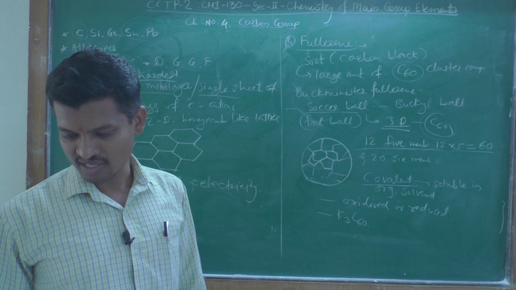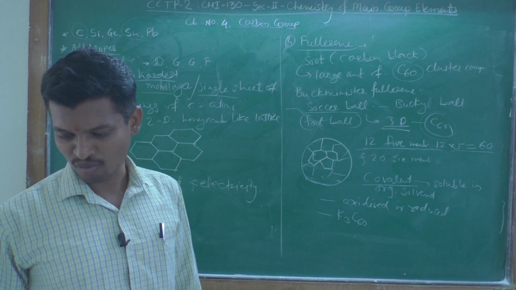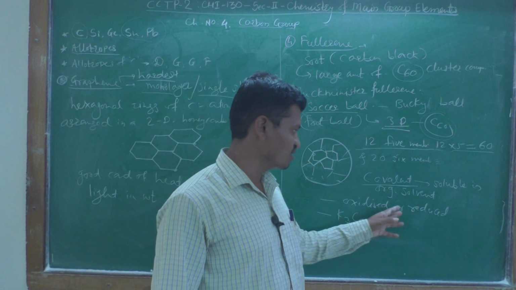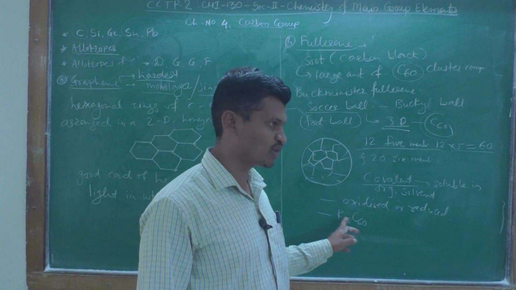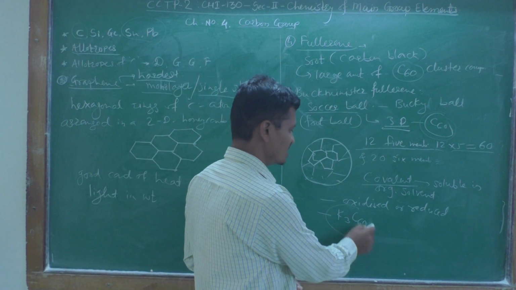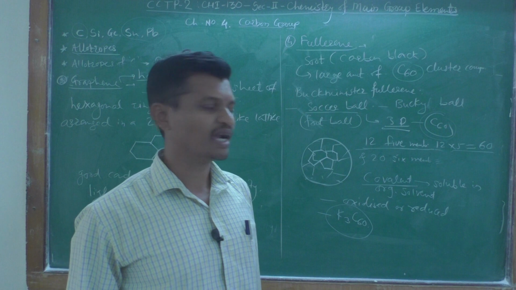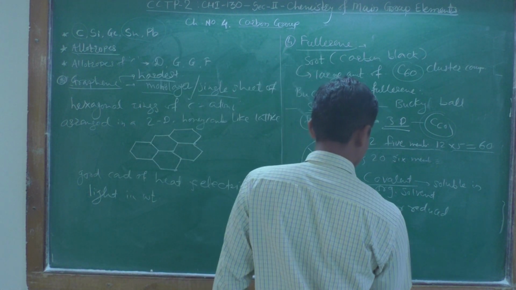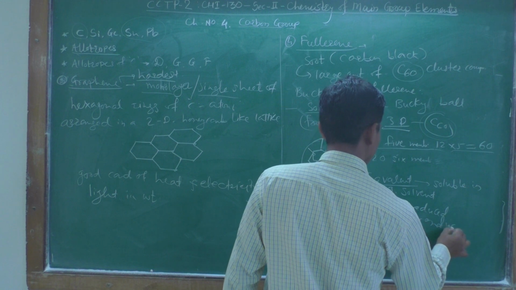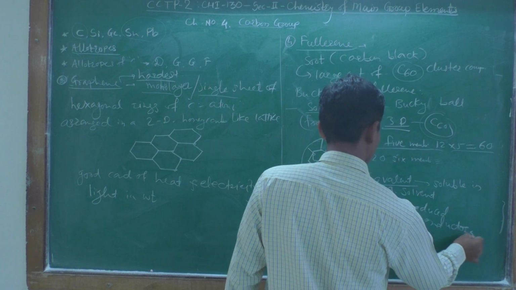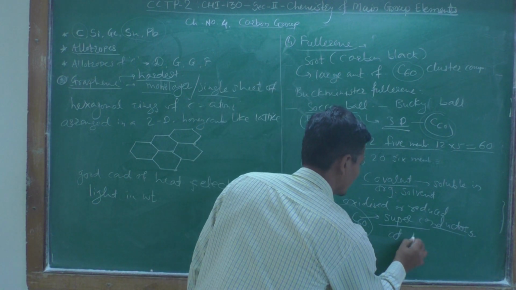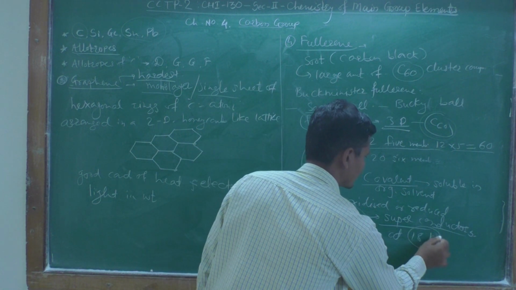These K3C60 type compounds are formed by electrochemical reduction with first group elements. Potassium is the first group element, and such K3C60 molecules can act as superconductors. They act as superconductors at 18 Kelvin temperature.